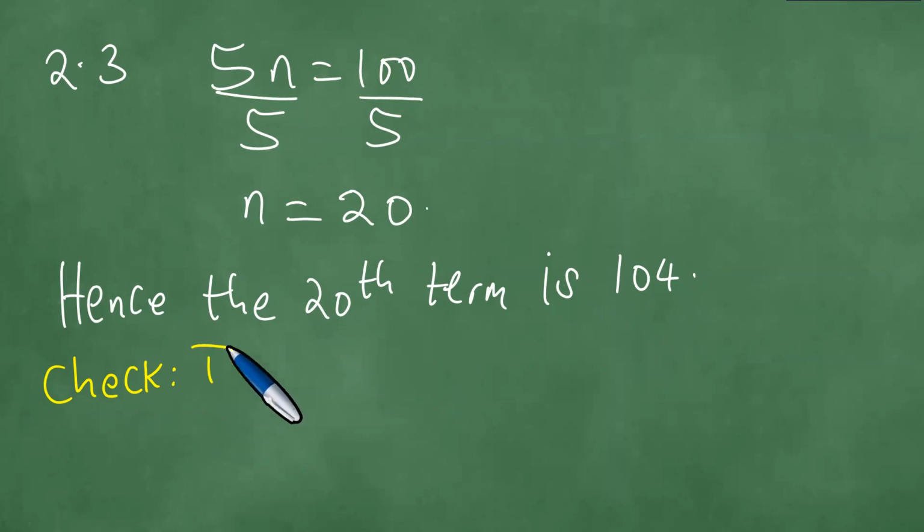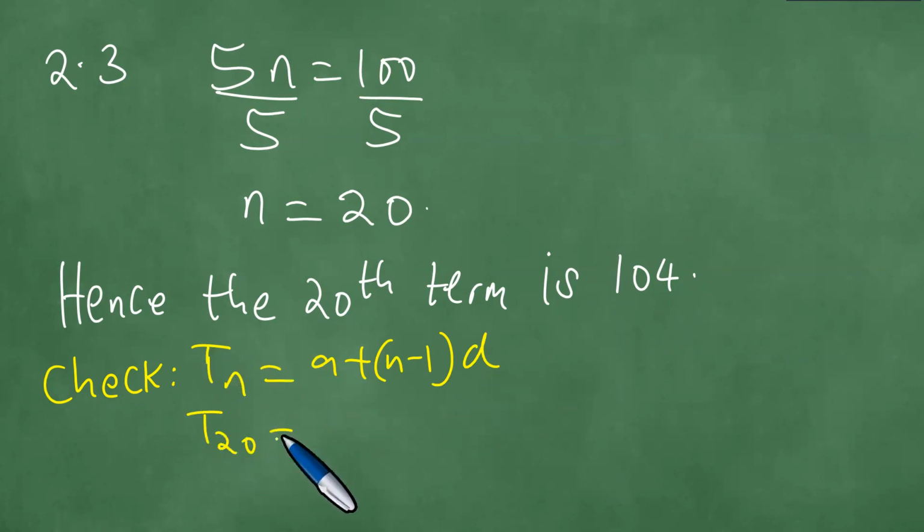So we're going to use Tn. What is the first term? It's 9. And then it's the 20th term, meaning wherever there is n, you put 20. The common difference, what did you get it to be?